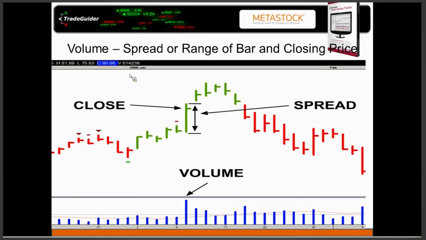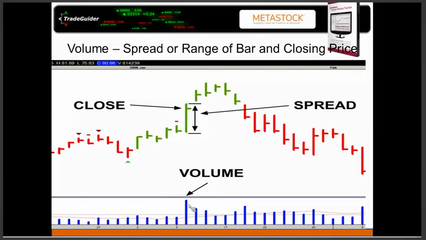Let's say it's Apple. It could be any chart. The volume is the number of orders going through the exchange. Simply put, what helped me understand it is volume is activity. And please write that down.